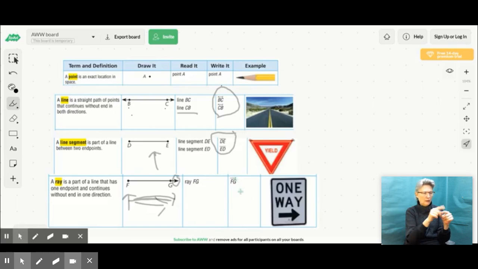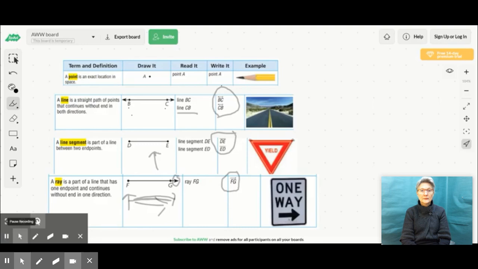And then to write it, we have another symbol for ray, and it looks just like a ray. We don't need the points in it, but it has an arrow, and we call this ray FG, okay? So it continues in just that one direction. An example here is this road sign because there's an arrow there, right? So it's kind of like a ray.